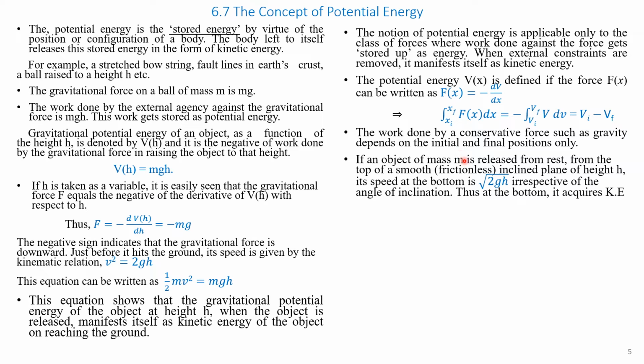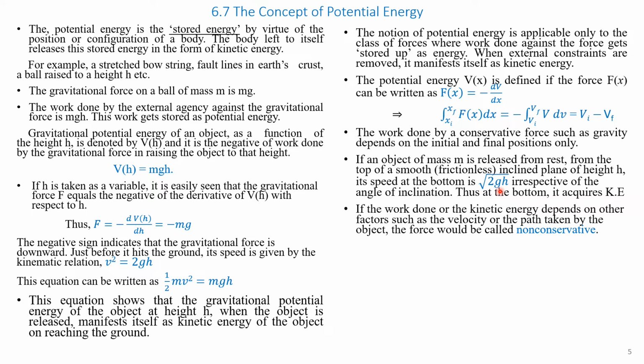If an object of mass m is released from rest from the top of a smooth and frictionless inclined plane of height h, its speed at the bottom is square root of 2gh, irrespective of the angle of inclination.